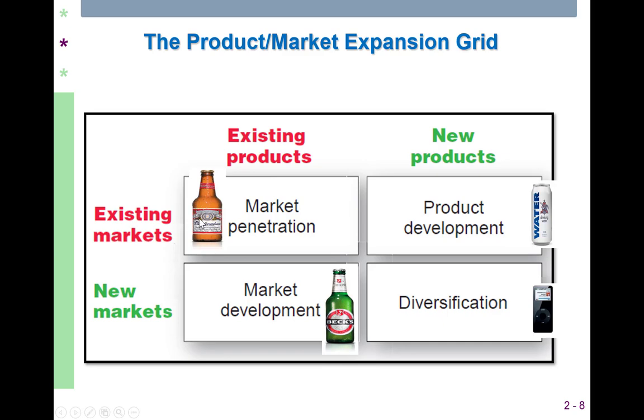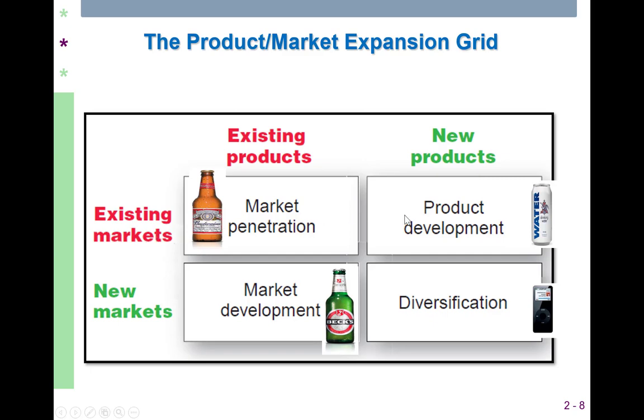You can take your existing products in existing markets and try to get more business out of it. You could take a product that you already have and try to get into a new market, whatever that might be, and then develop that market so now you have more customers that way. Or you could develop new products in your existing markets and try to sell them to the same people.